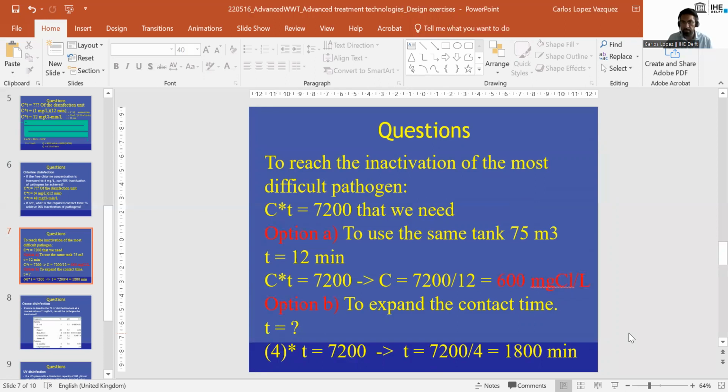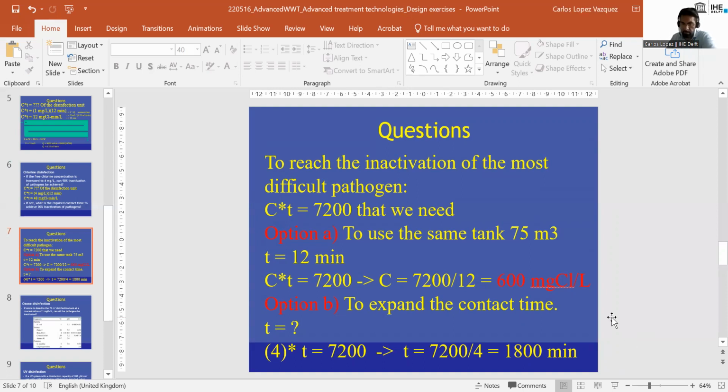I think we must multiply 4, multiply 12, then use 7,200 divided by 48. Why? The retention time is 12 minutes.